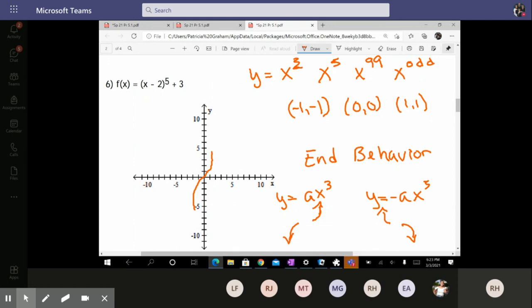So what is that minus 2 going to do for my x's, right? And then that plus 3.